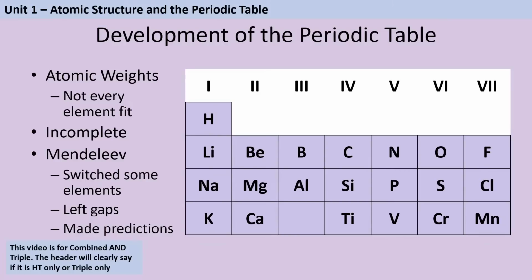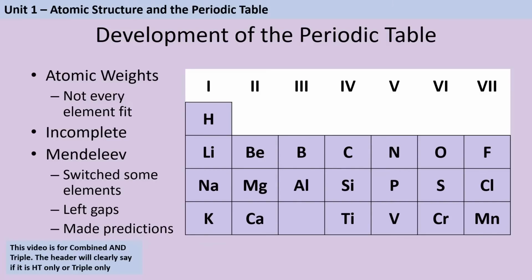So Mendeleev developed his periodic table, and he did three key things. One was that he switched around some groups of elements that just didn't make sense to him. At that time, we weren't fully up to speed with alkali metals and noble gases.